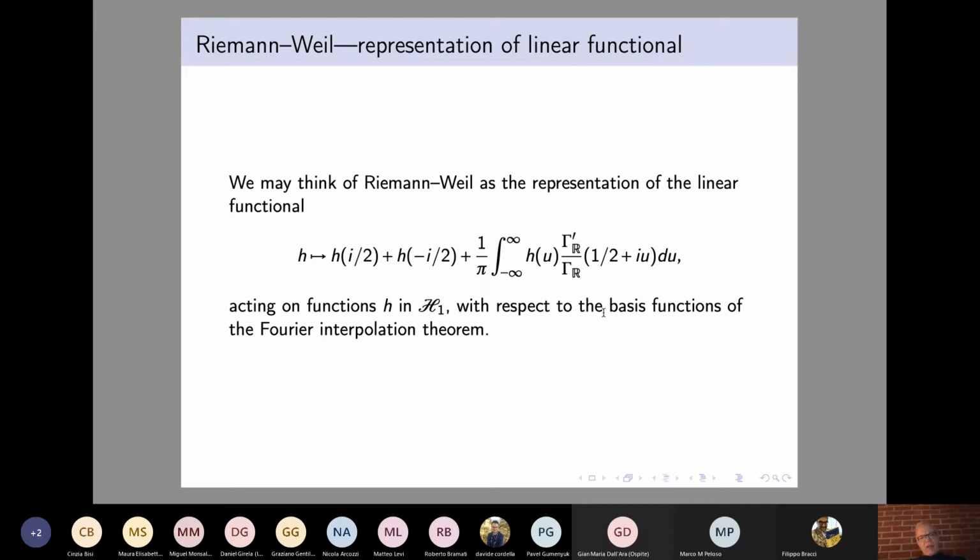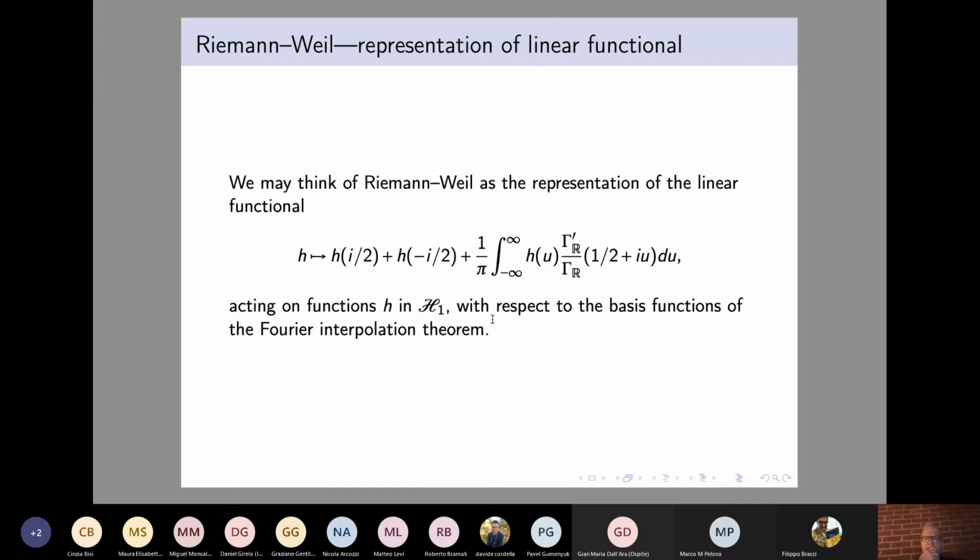And in some miraculous way, when you look at this particular functional, only a very thin sequence of basis functions in fact gives a contribution to this formula, which is quite a remarkable fact, I would say.